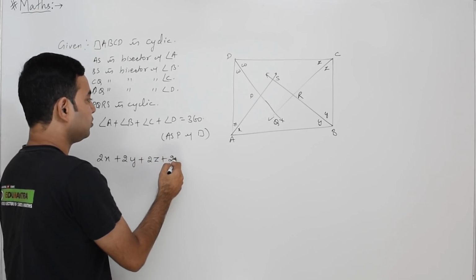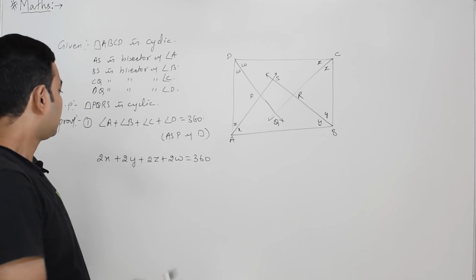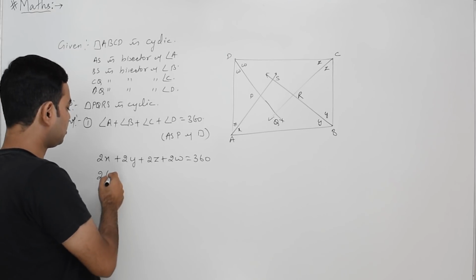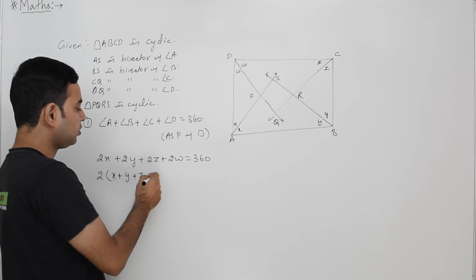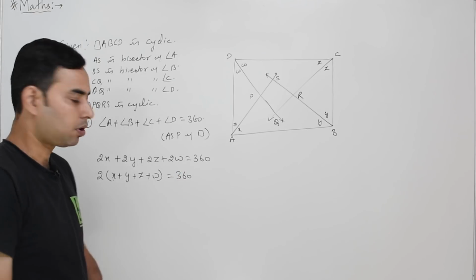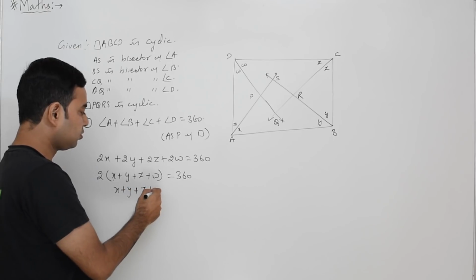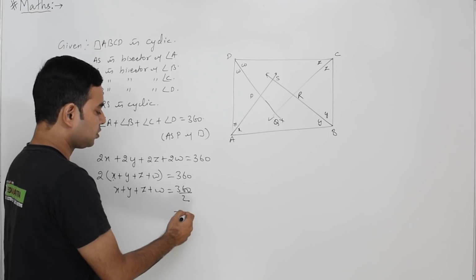Angle D is 2w, equal to 360. Now 2 is common in all these four terms, so 2 is common. x plus y plus z plus w is the remainder in a bracket, equals 360. Now cross multiplying this 2, x plus y plus z plus w will be equal to 360 upon 2, so it will be equal to 180.